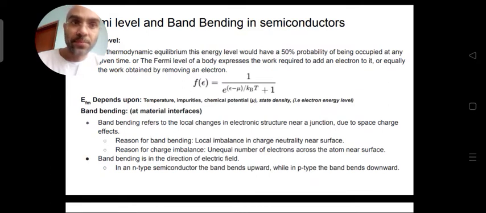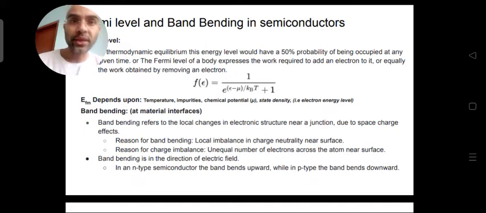Because of that, near the surface there is an unequal number of electrons present across the surface layer. Because of this, the imbalance occurs and there is no charge neutrality in that region, and this band bending takes place near the surface region, or near the junctions.